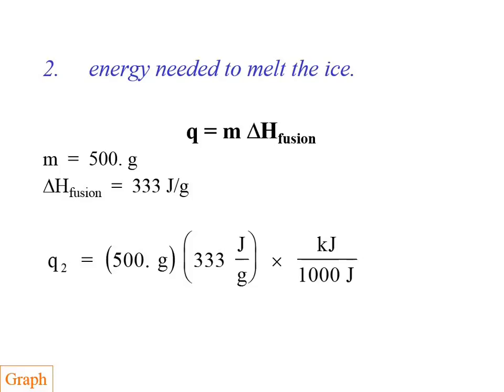The heat of fusion of water is 333. Oh, I knew it. It says 338. See, I ran into that in my other class. Anyway, this number doesn't exactly match with this number, but it should. That's the heat of fusion. Converted to kilojoules by 1 kilojoule over 1,000 joules. And 3 sig figs, I get 167 kilojoules.